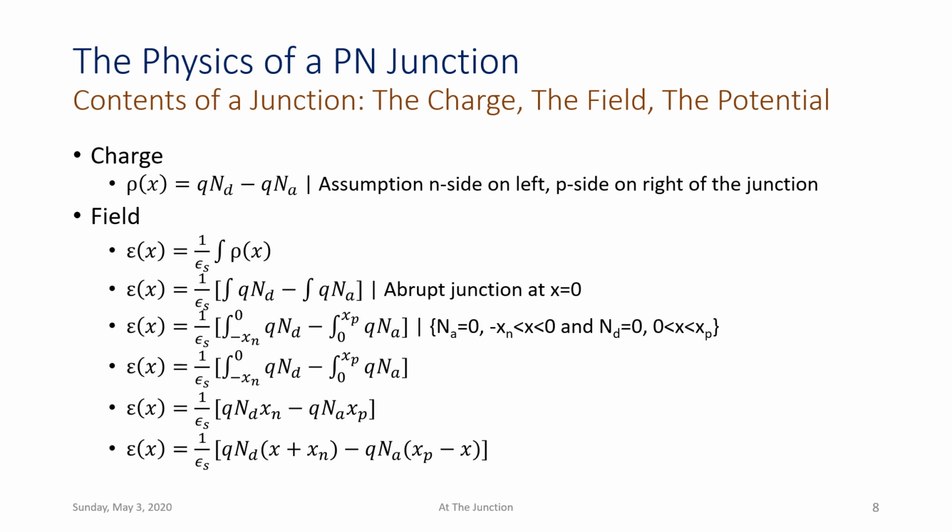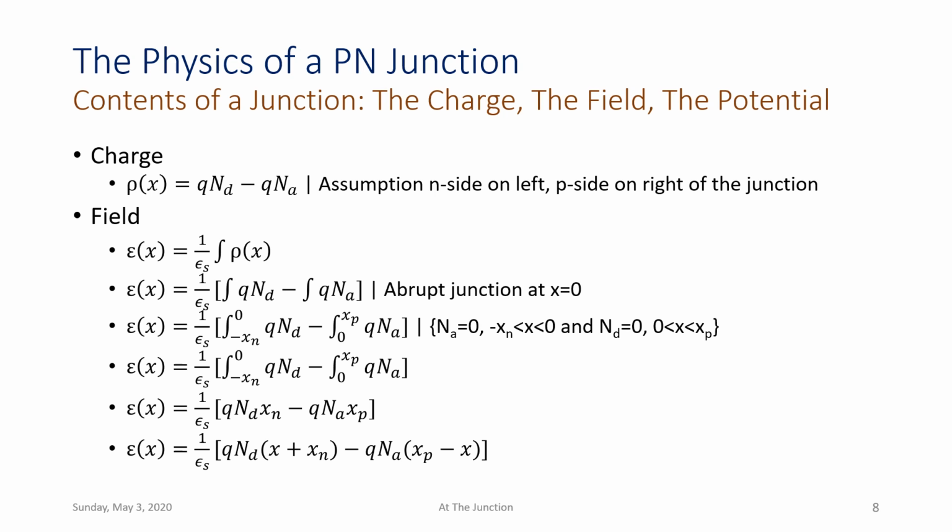And since n-type is on the left side and p-type is on the right side of the junction, which is at x equals 0, our integral limits turn out to be from minus x sub n to 0, which is to the junction, for Q times N sub D. And the limits are from 0, which is at the junction, to x sub p, which is the width of the depletion region on the p side, for Q times N sub A.